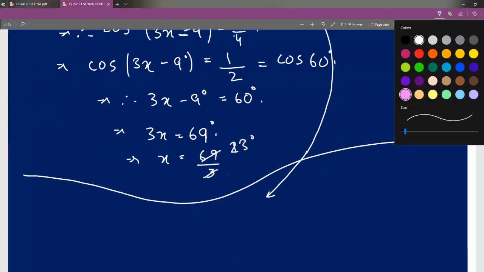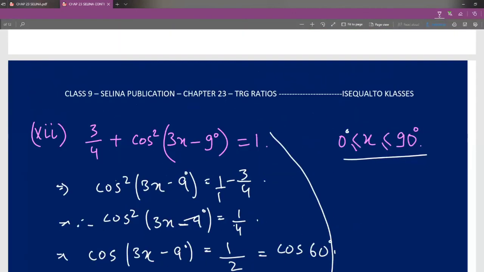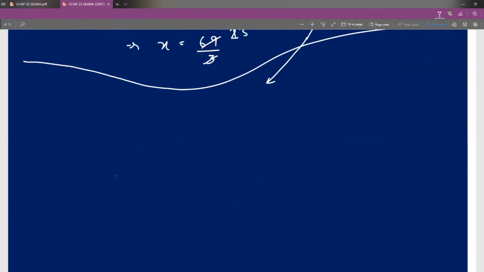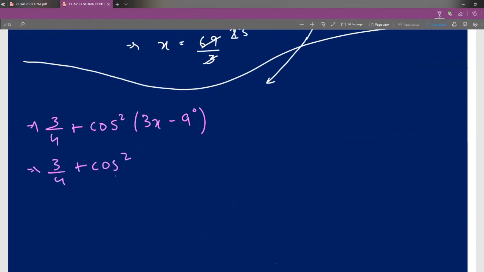So 3 upon 4 plus cos square 3x minus 9 degree. I'll solve the LHS first.